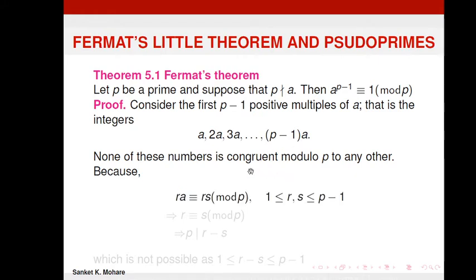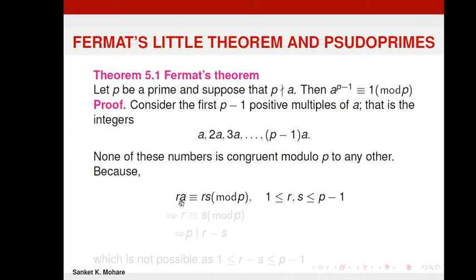Why? Because suppose ra is congruent to sa modulo p, where r lies between 1 and p minus 1, and s lies between 1 and p minus 1, which means r and s take values 1, 2, 3 up to p minus 1.